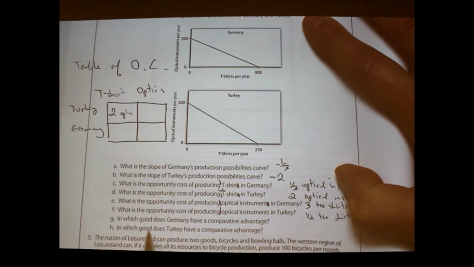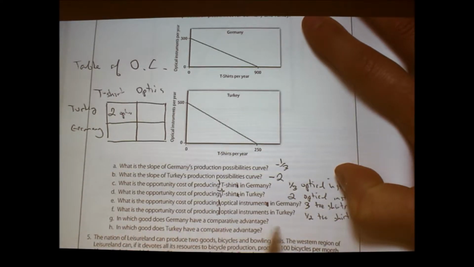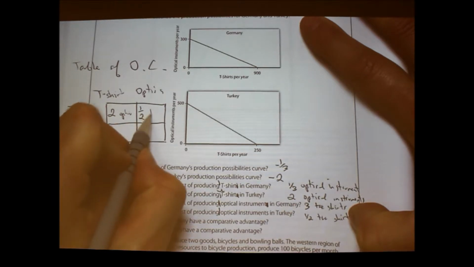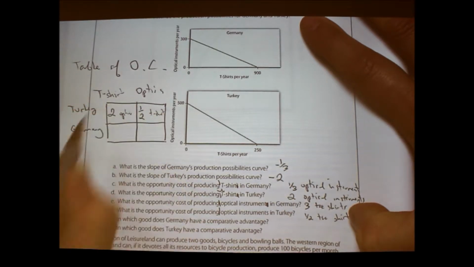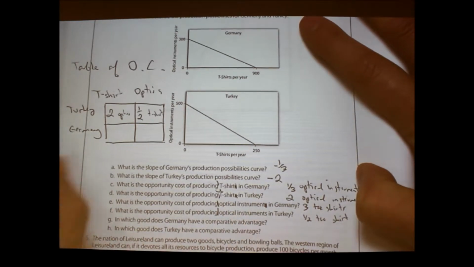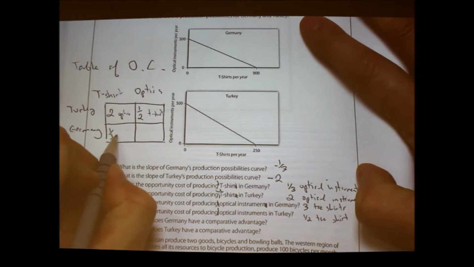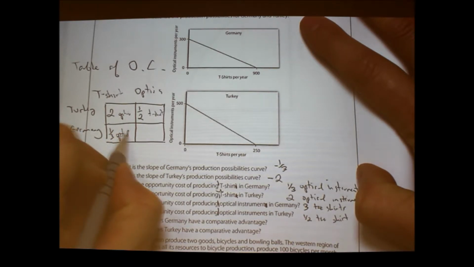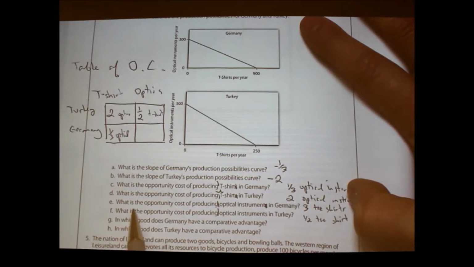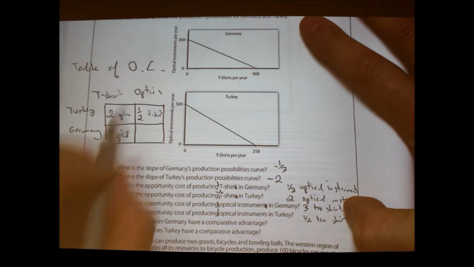And in Turkey, the opportunity cost of producing an optical instrument is 1/2 t-shirt. In Germany, the opportunity cost of producing a t-shirt is 1/3 optical. And in Germany, the opportunity cost of producing an optical instrument is 3 t-shirts.